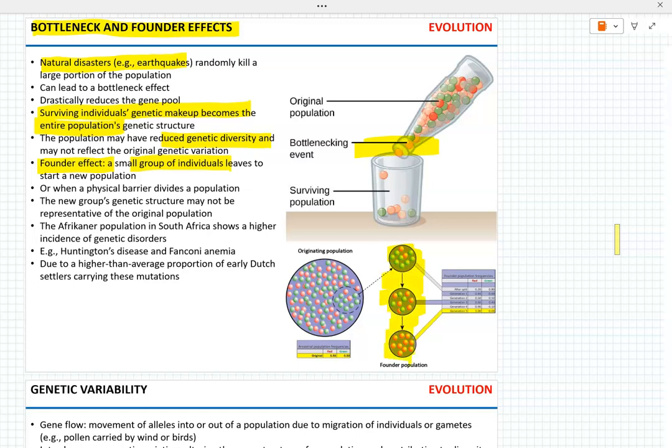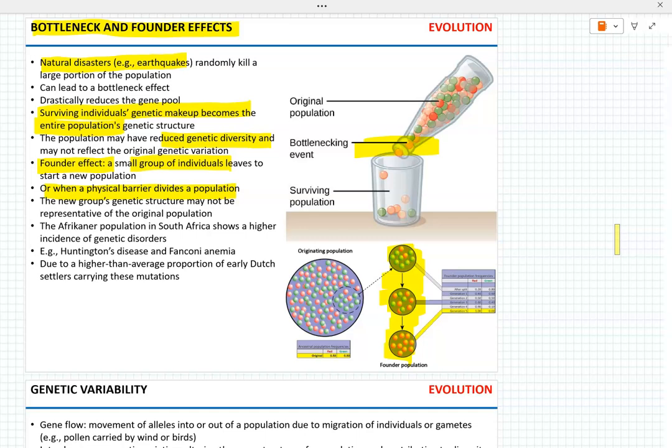That's pretty common for islands, or when physical barriers divide the population. This new group's genetic structure does not represent the original population, and instead forms a new gene pool with a different gene variability.